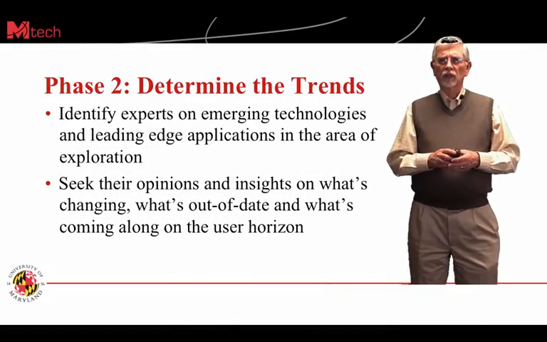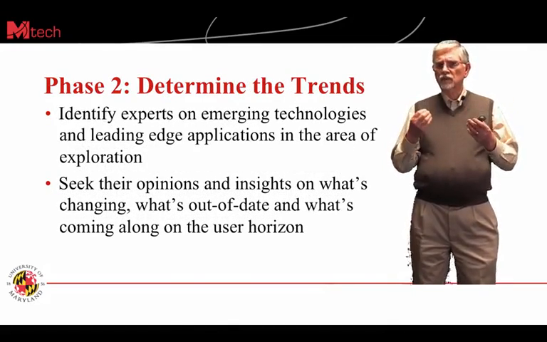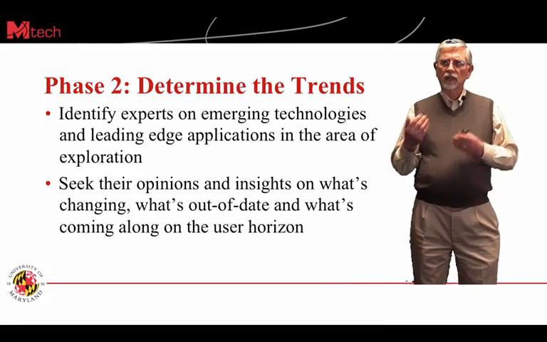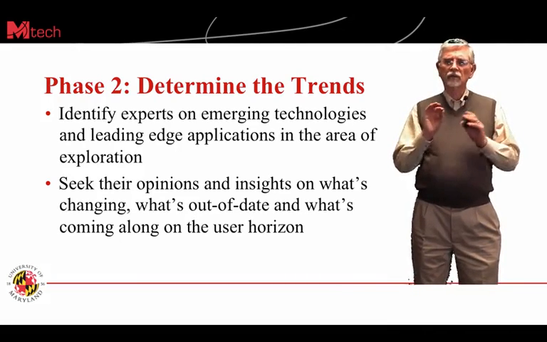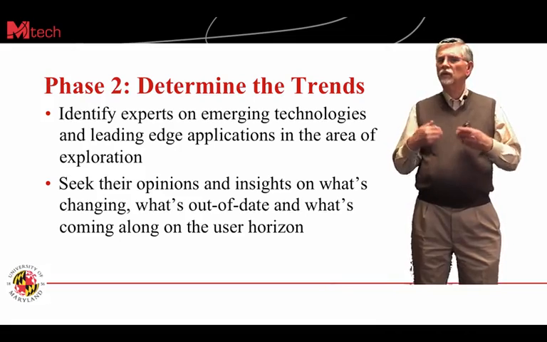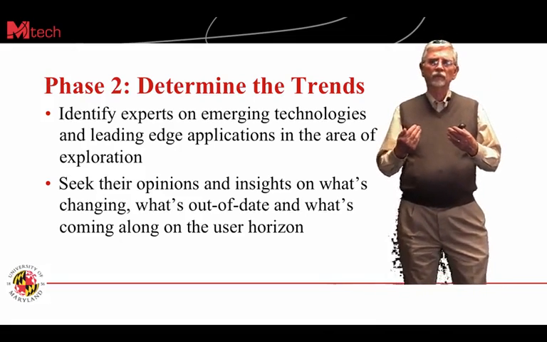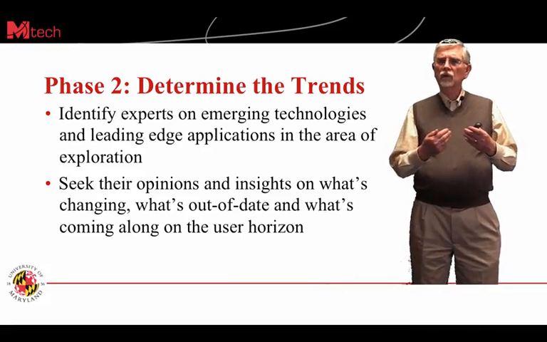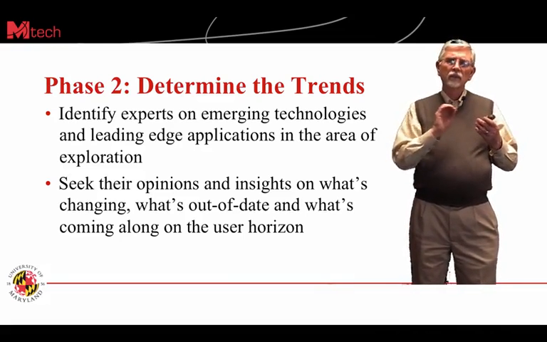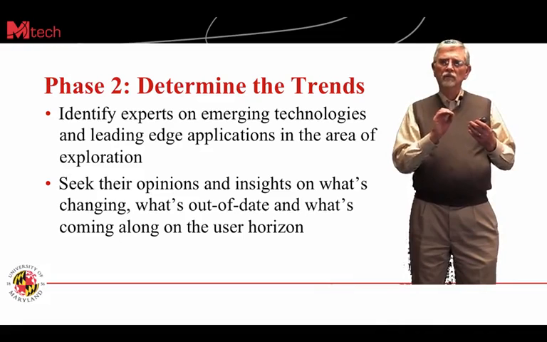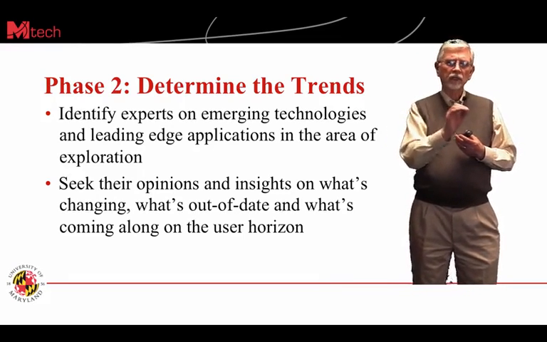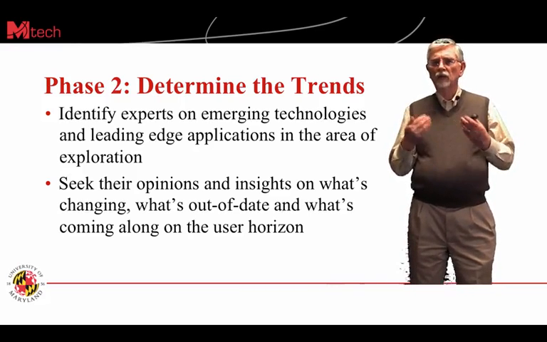The second phase is you determine the trends that are out there. You look at what's going on. You identify experts on various emerging technologies and leading edge applications in the area that you want to explore. So if you're exploring, let's say, medical equipment, you want to find who's doing what unique things in hospitals, university hospitals, and clinics, and why are they doing it.